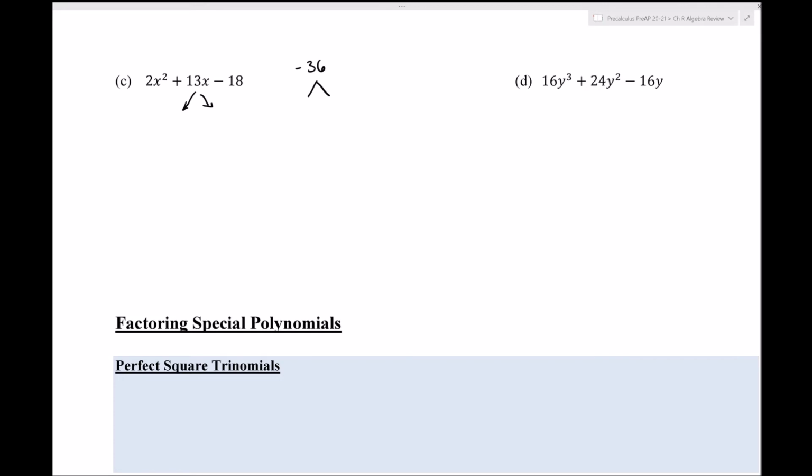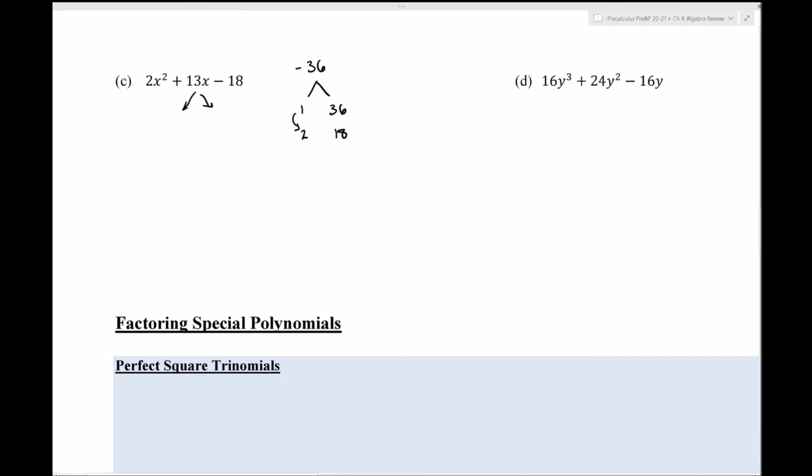If it's not something you could see right away, you go down the list. 1 and 36. But that's not going to make 13 in any way, shape, or form, so you keep on going. Then you bump up 1 to 2. That's divisible by 2, so we'll leave the 2. 2 times, what is that, 18? And 2 and 18, there's no combination that would give us a 13.